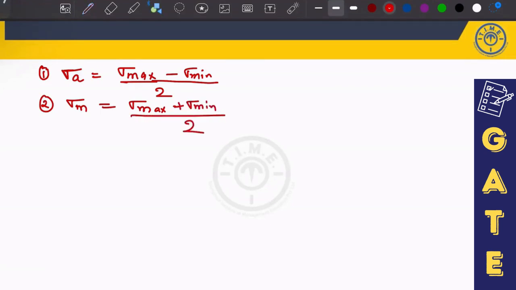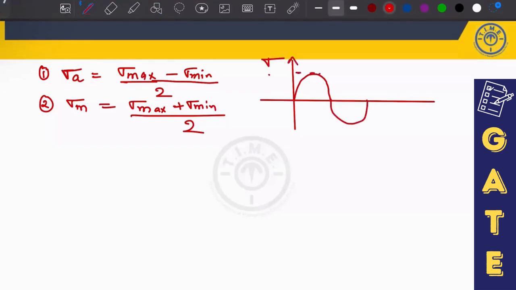Okay, so let us suppose the stress cycle is given in this format. This is nothing but sigma max, sigma and time. So the stress cycle is given like this. So this is the sigma max, and this will be sigma minimum. Fine.